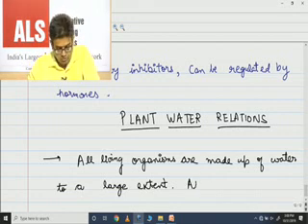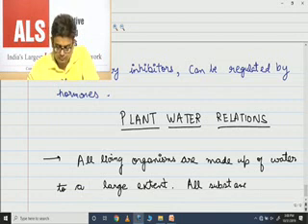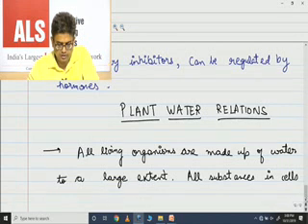All solutes, all substances in cells are dissolved in water.